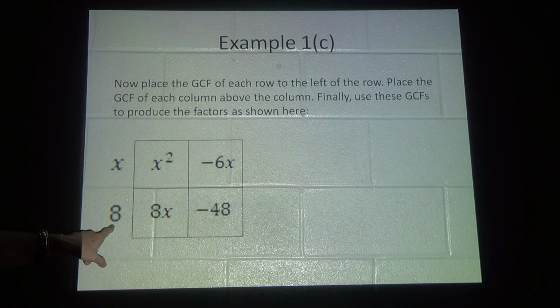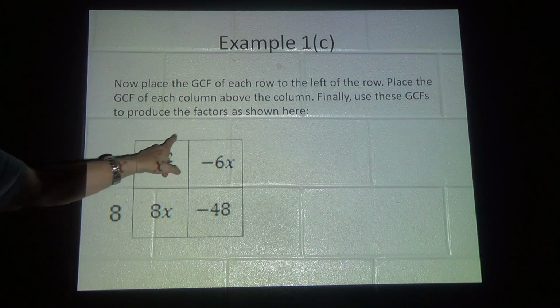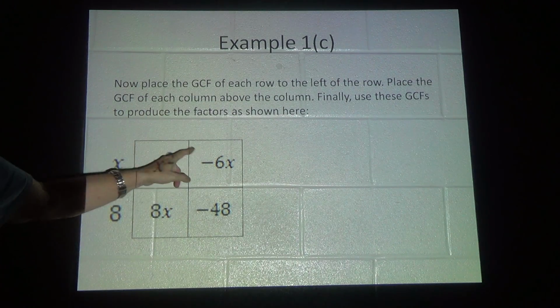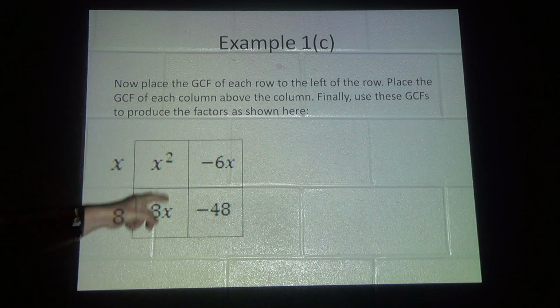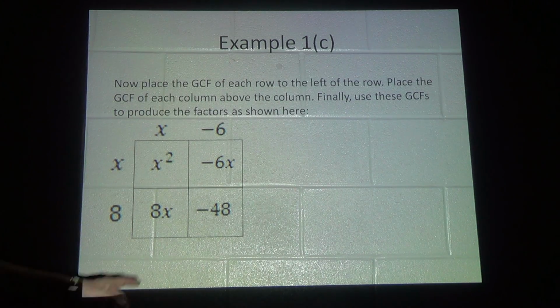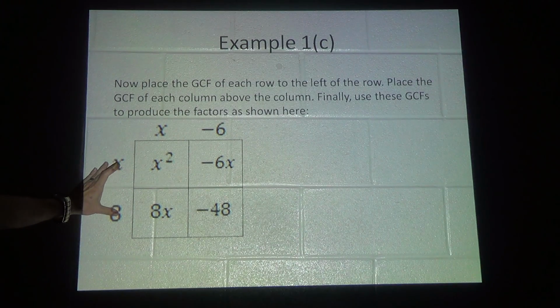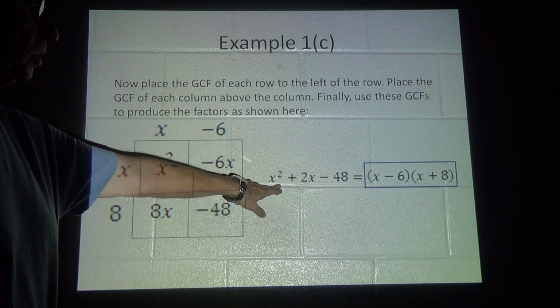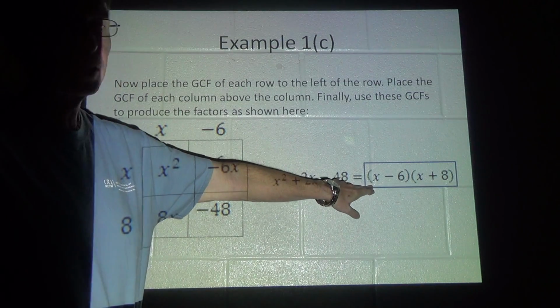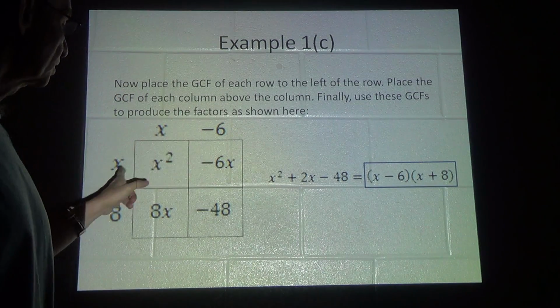Then we're going to find the greatest common factor of each column. In this case, we have x and negative 6. So if I take x plus 8 and multiply it times x minus 6, that will give me the trinomial that we had here, which is a result of multiplying these two expressions together.